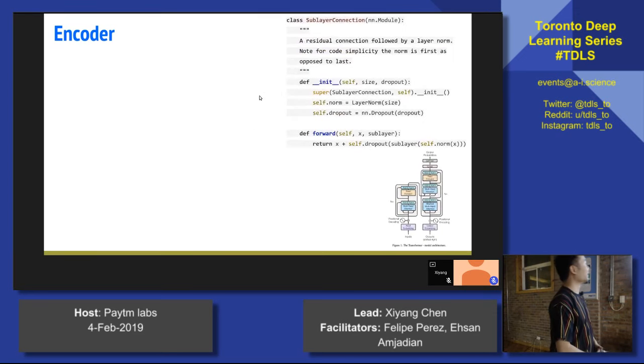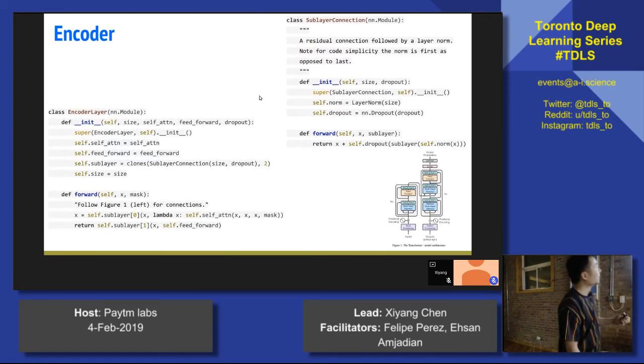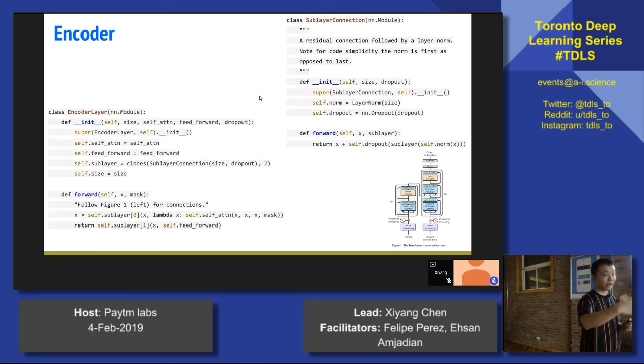This is exactly the sublayer. This part is the same, just kept as a reference. The sublayer consists of a layer norm, which is layer norm regularization, which I also have code for.